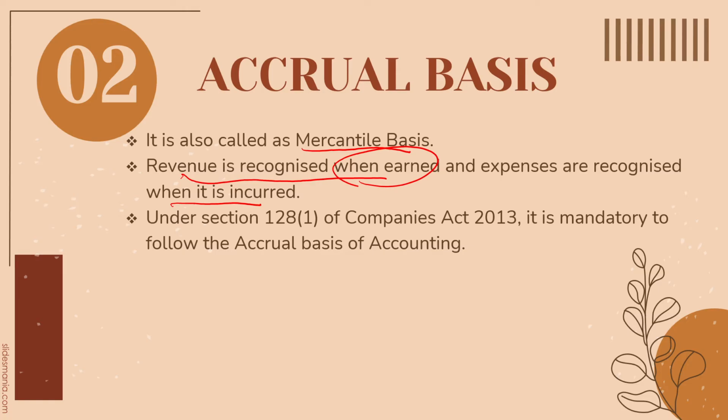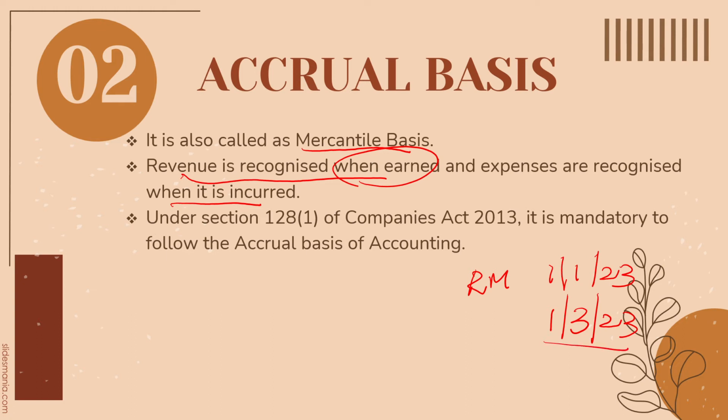Say, for example, I am buying my raw materials from my suppliers on 1st January 23, and I'm going to make the payment for it on March 1st. So when will I record the transaction in my books of accounts? As per cash basis, it will be on 1st March.